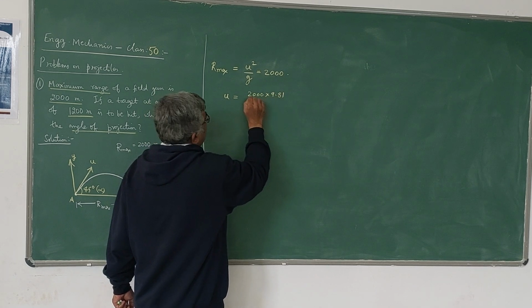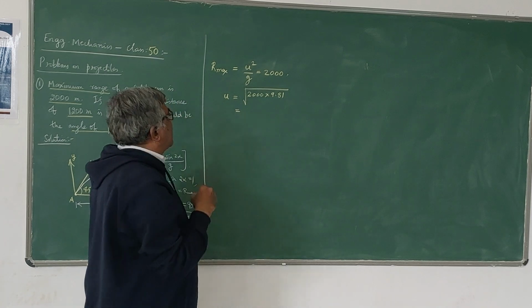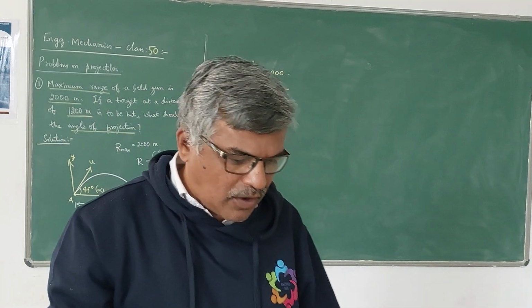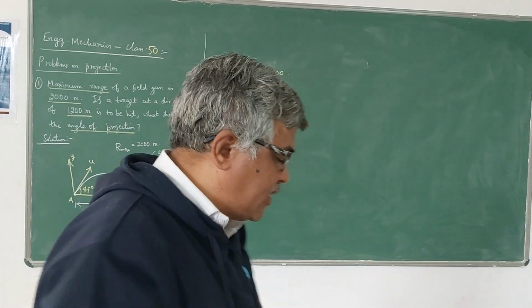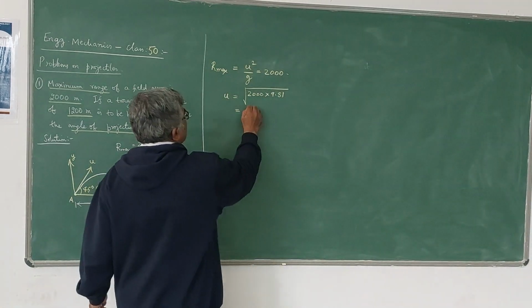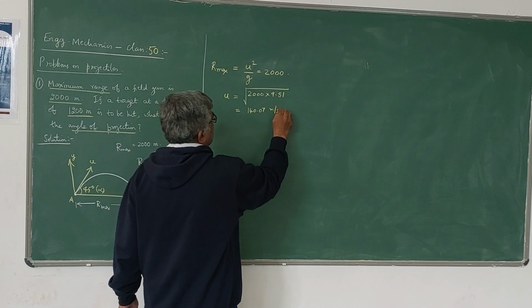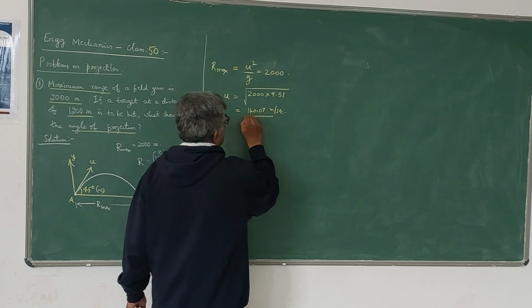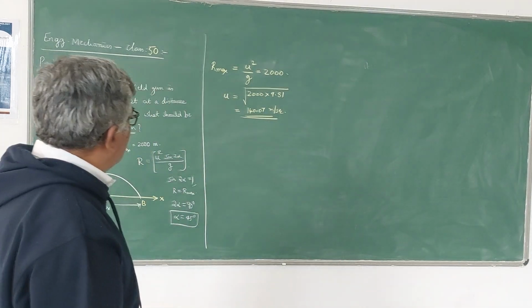You are going to get the value of u as 140.07 meter per second. That means this is the velocity with which the projectile has to be shot to get the maximum range.